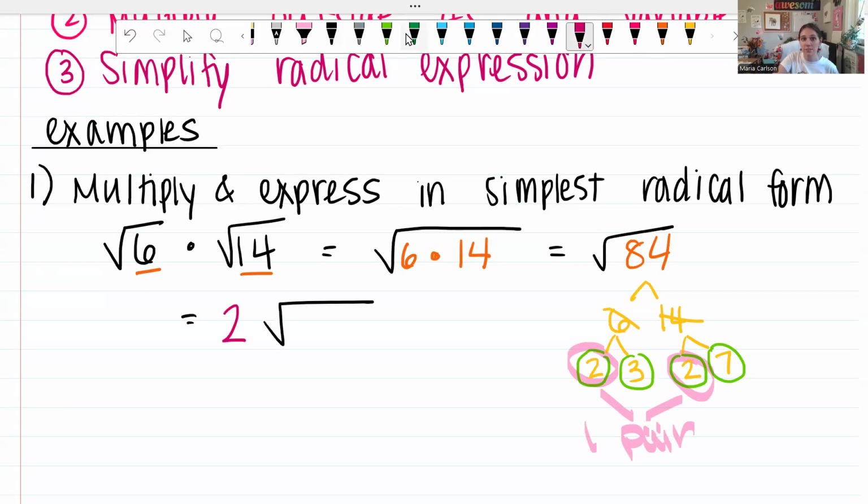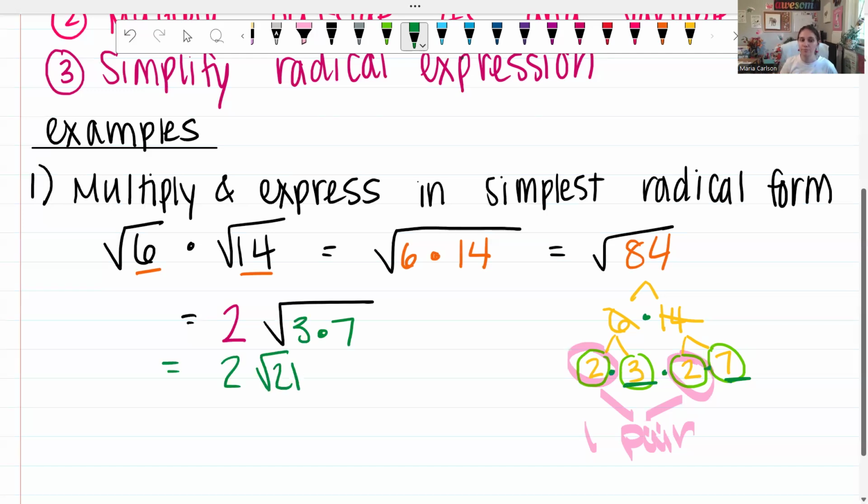And then what is left, the 3 times the 7, that stays inside. So 3 and 7 stay home, and this is all being multiplied, so I just keep the multiplication going. So overall, this would be 2 square root of 21.